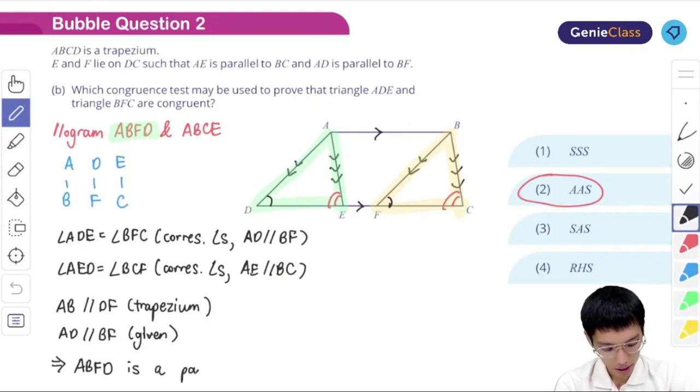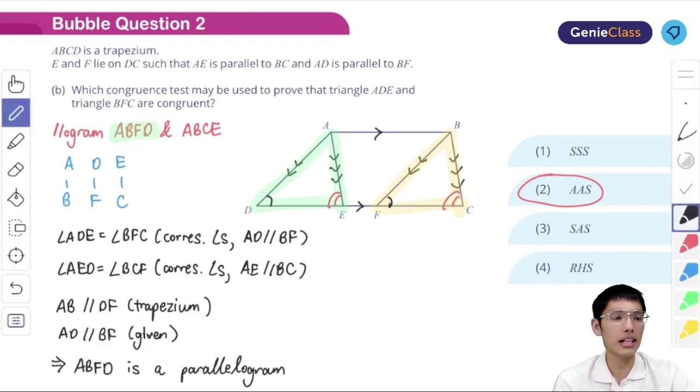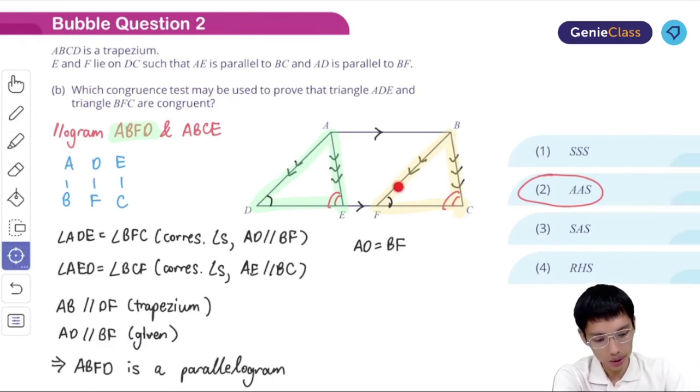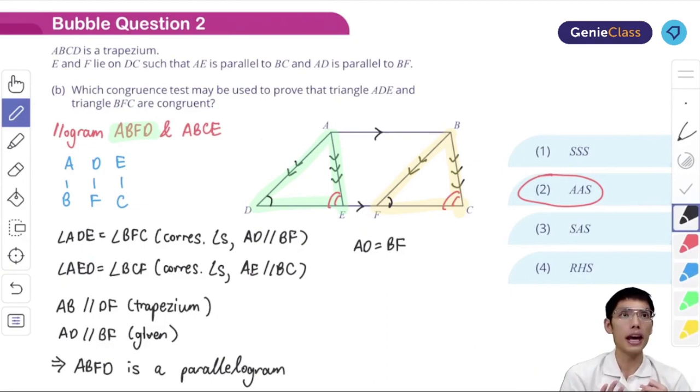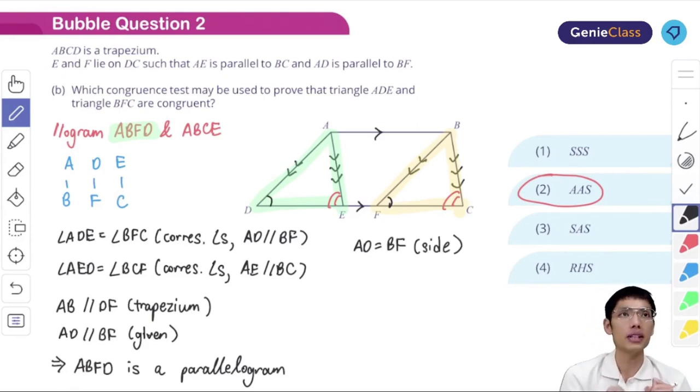is a parallelogram. And with that, we can actually just use the side that is relevant. Either AD or BF. Therefore, I use this side. AD equals to BF. That's such a tongue twister. AD equals BF. That's a side.